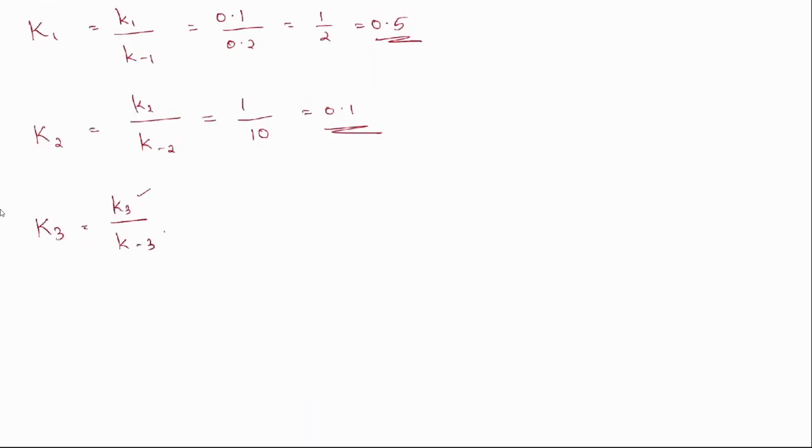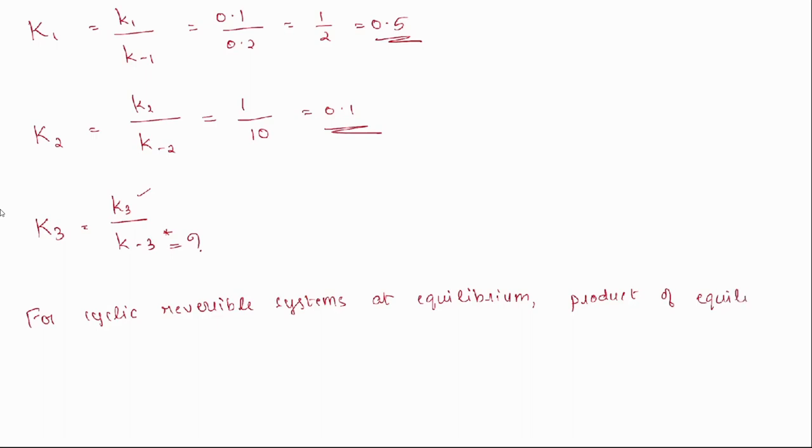Is this clear with regards to the equilibrium constants and how we calculated them using the reaction rate constants? Okay, fine. So for a cyclic reversible system in equilibrium, the product of all the equilibrium constants will be equal to 1.